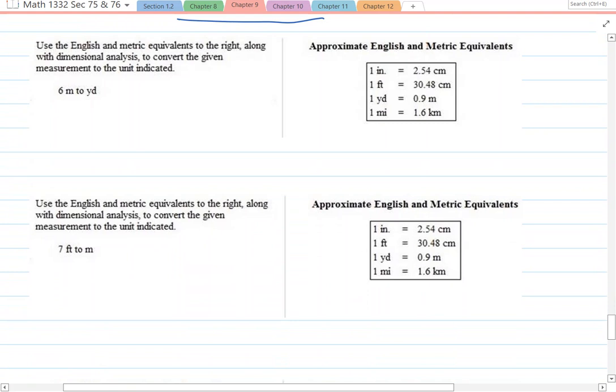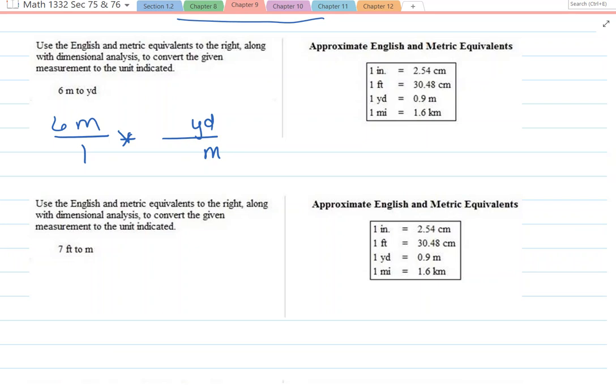So here we have 6 meters. So we're starting with metric, and we want yards. All right, so let's look at our chart. We want meters, and we need yards. Here it is. So we can see that we're using this one right there.